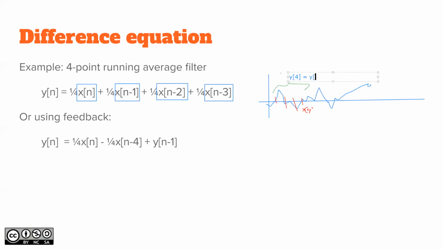You take the previous value, which was y of 3, you add 1/4 of x of the current value, and you subtract the one which was basically used on the previous term.